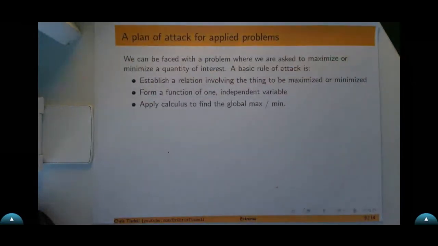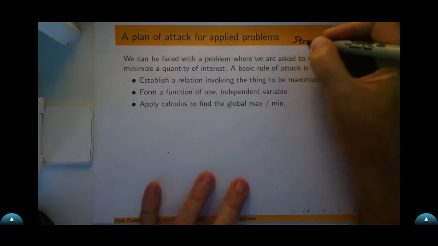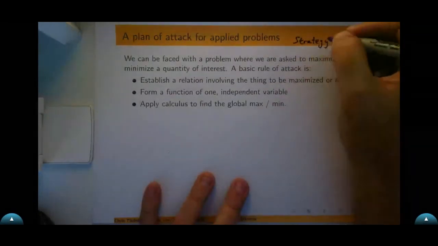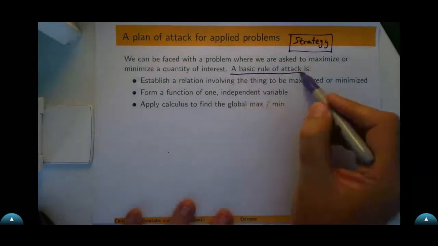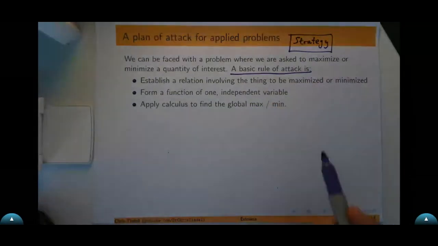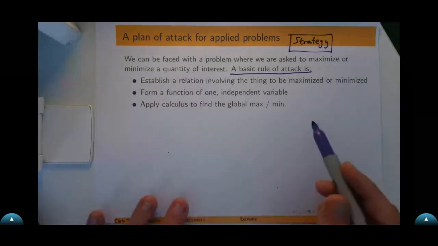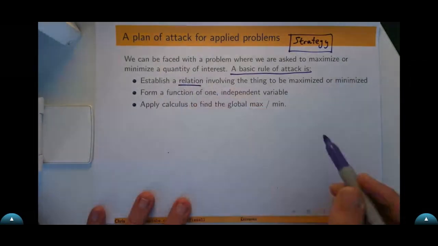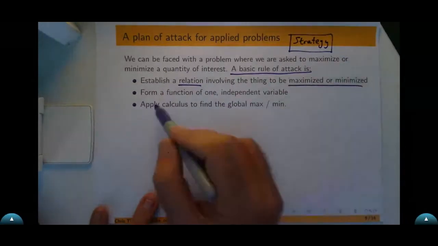All right, before we do an example, let's look at strategy, right? So a basic rule or some ideas: we're asked to maximize or minimize something, right? So you want a relation between the things to be maximized or minimized.